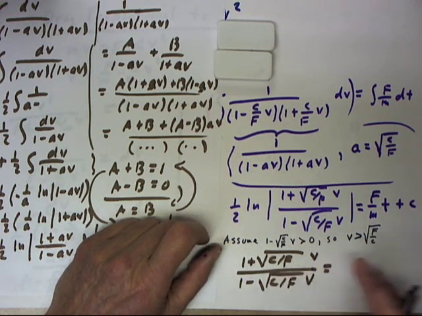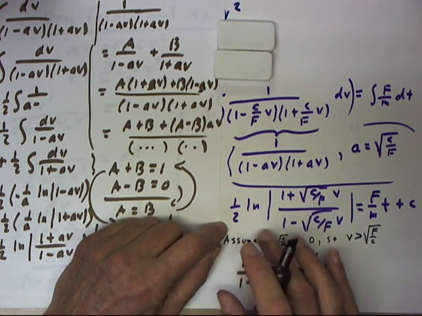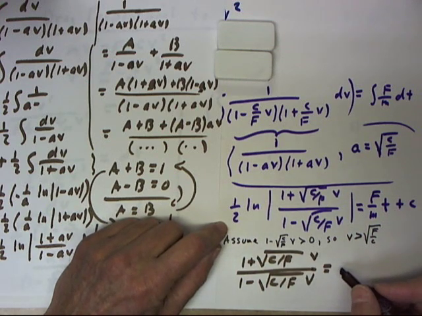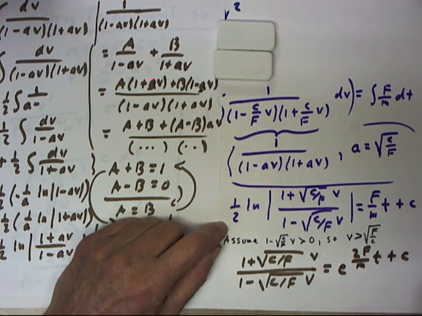And skipping steps, if we multiply this expression by 2 and then take e to this side equals e to this side, we're going to end up with e raised to the, let's be careful here, 2f over m times t plus c.